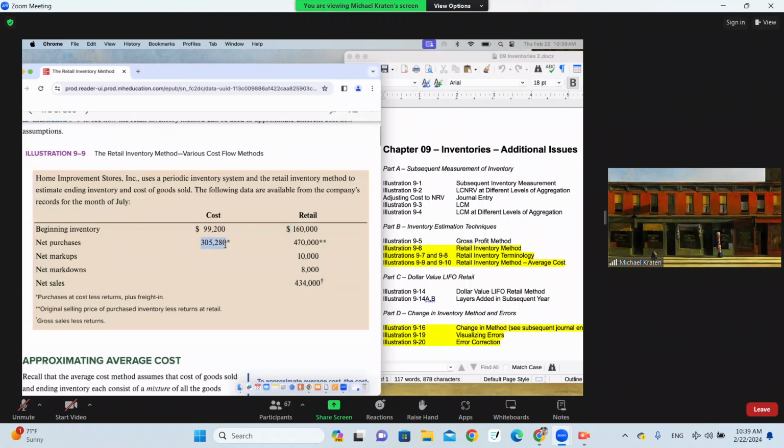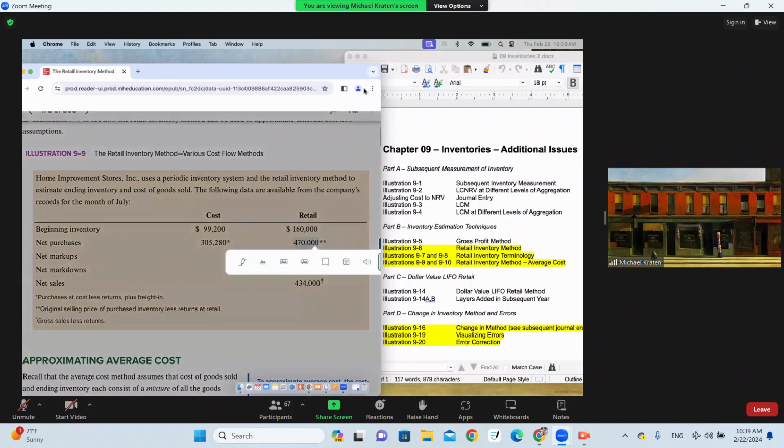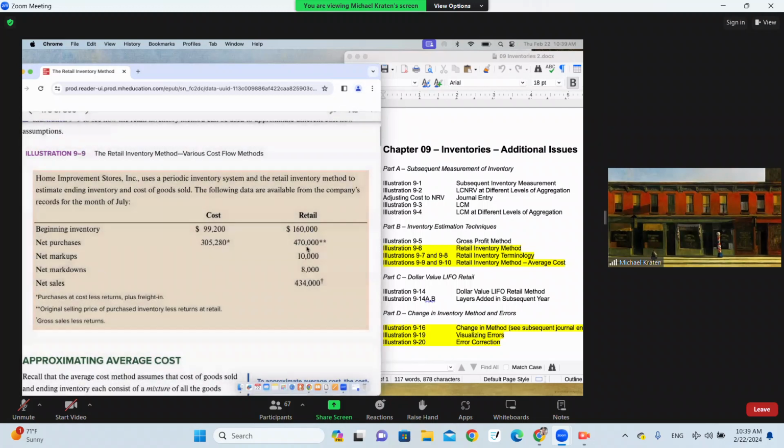I also purchased additional products during the day at a certain cost. Those products I'm going to mark up to a higher retail price because I hope to sell them and make a profit.